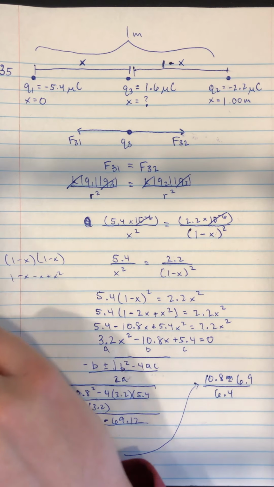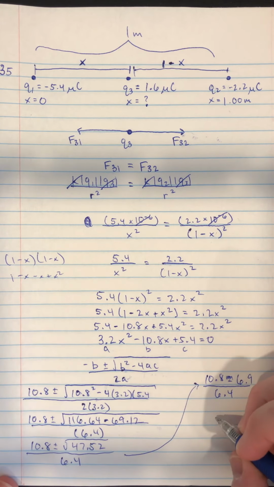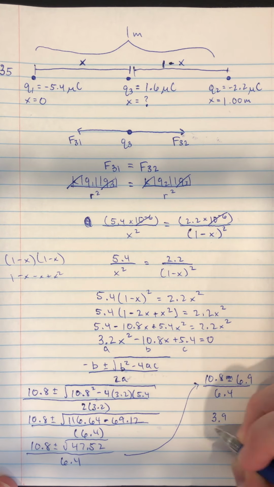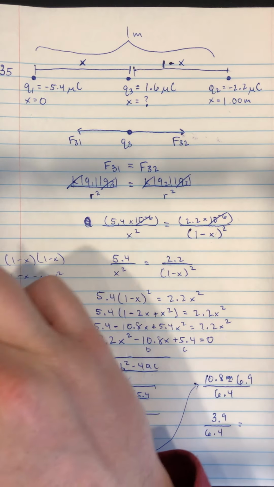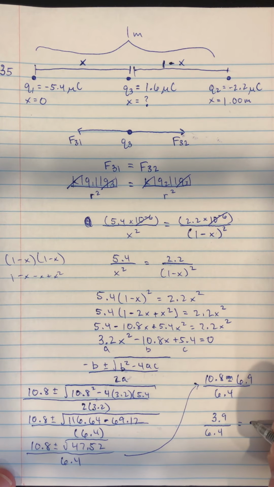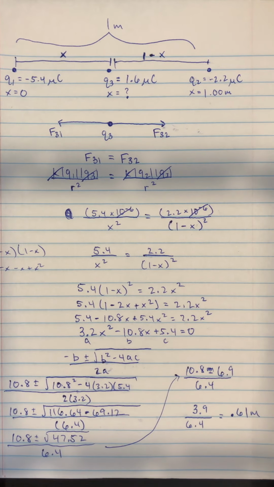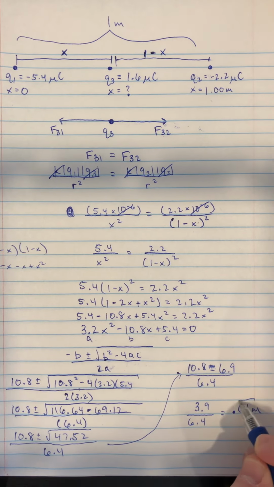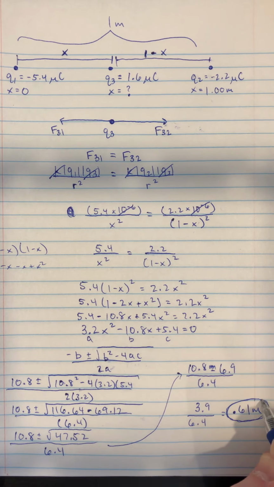So 10.8 minus 6.9 will give us 3.9 divided by 6.4, which is 0.61 meters. So if we want the forces to balance out, we have to put Q3 at 0.61 meters.